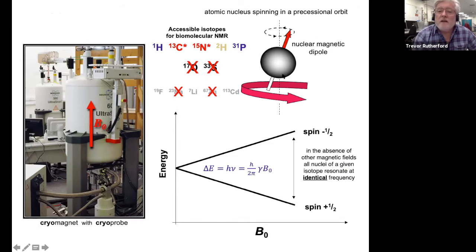And if we place this sample inside a strong external magnetic field, then we will generate two different states, okay, of separate energy. The two states are determined by the quantum mechanical selection rules. My preference for today, as we're introducing this, is that we're not going to look into the details.